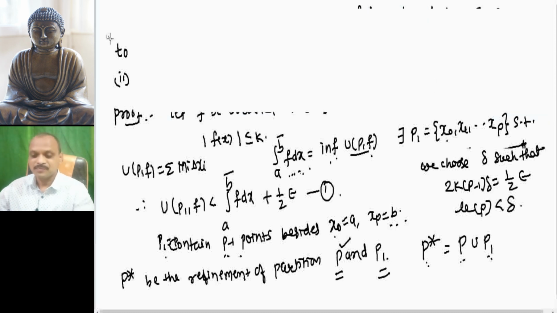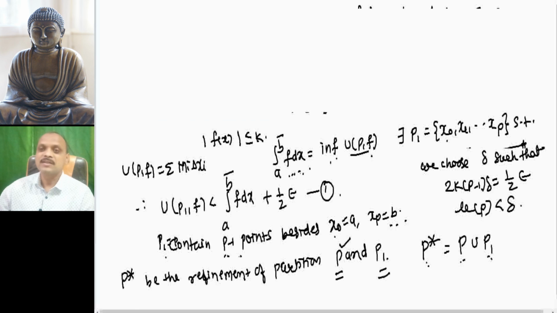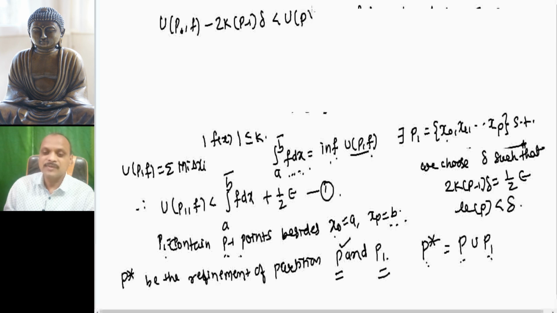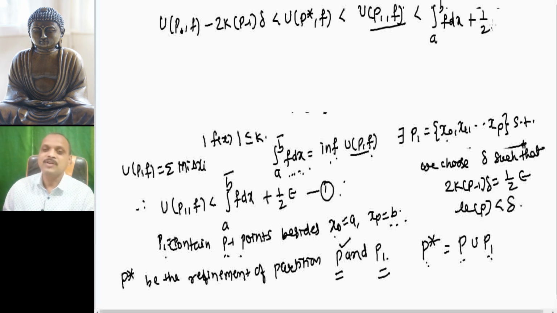The relation between the upper sum of the refinement P star and any partition P: UPf minus 2k(p minus 1) delta is less than UP star f, but UP star f is a refinement and it is less than UP1f. Again, UP1f from equation 1 is less than the upper integral plus 1 by 2 epsilon.